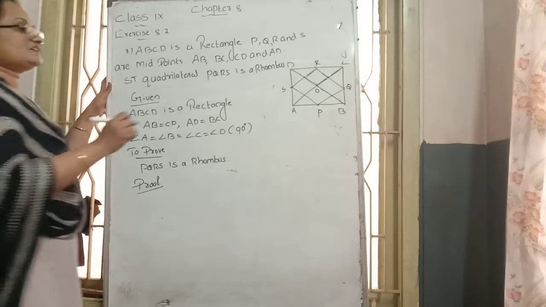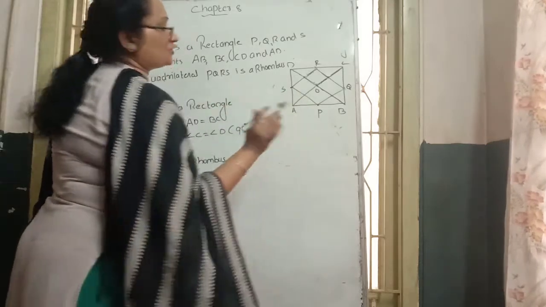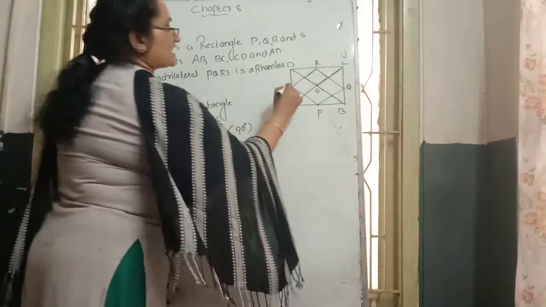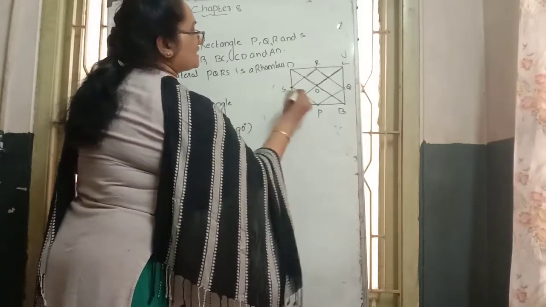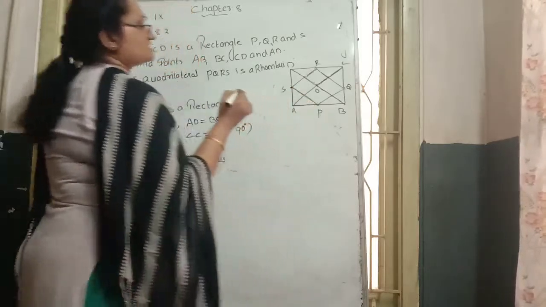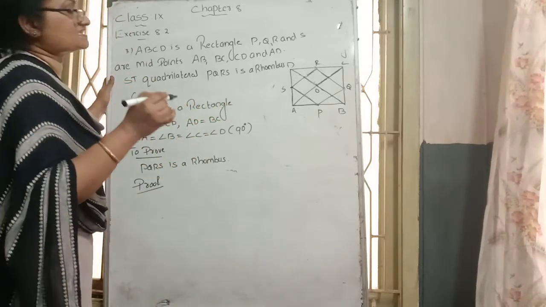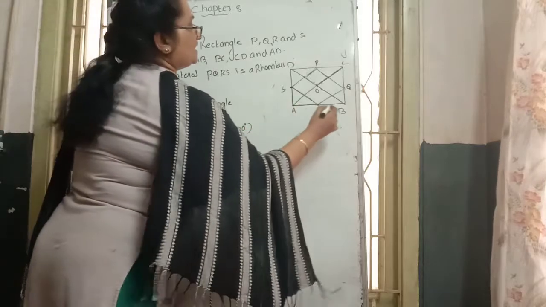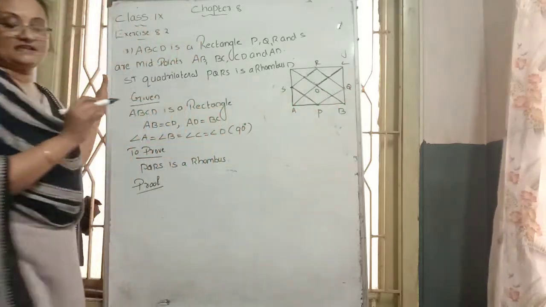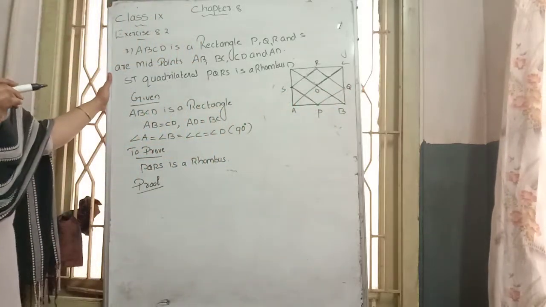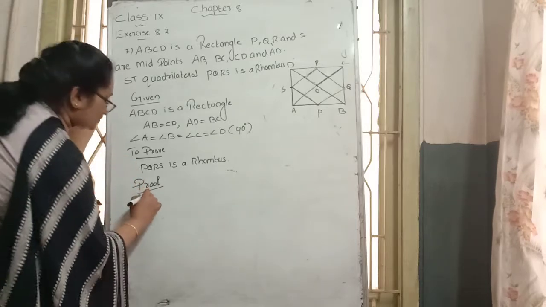First we consider the midpoints. Which triangles? These small triangles, triangle APS and triangle BPQ. We consider them, and first we apply the midpoint theorem there.